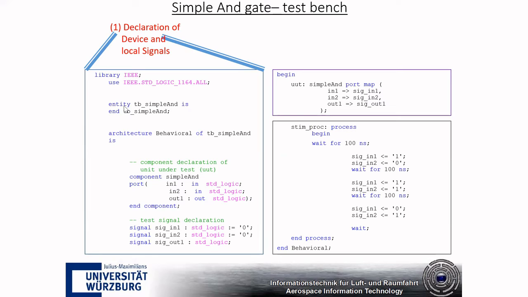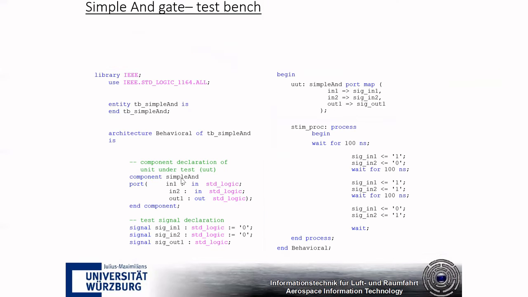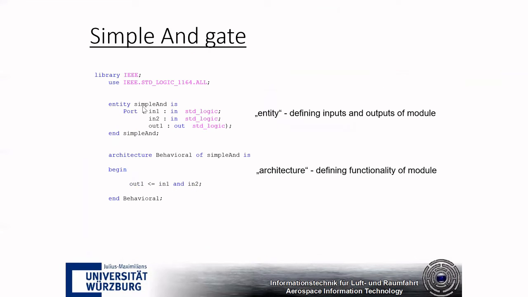That's why the test bench entity will remain empty, and then we have the declaration of the component which we are going to test. We are going to test the AND gate, so we have to identify with the component keyword that this is the component which I am going to test. This component is the AND gate, and if you see, the name of the component is the entity name of my design. So in VHDL, the component name is always the name of the entity.